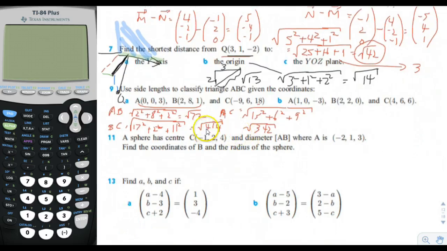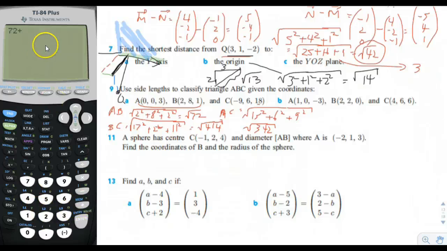Now, this might not at all be obvious, but if you take these 2 shorter sides, square root of 72 and square root of 342, and think of them as the legs of a right triangle, you'd say square root of 72 squared plus square root of 342 squared, let's see what you get. I'm going to square the square root of 72, I'll get 72.